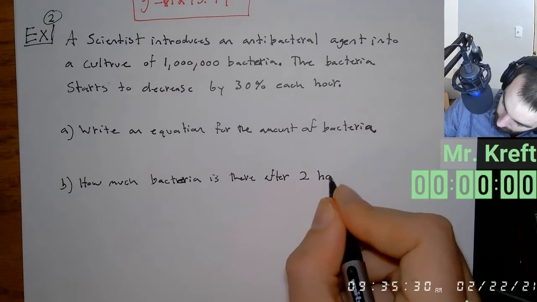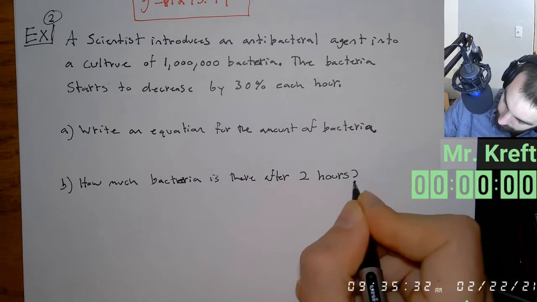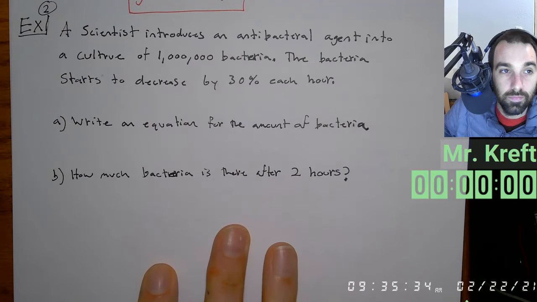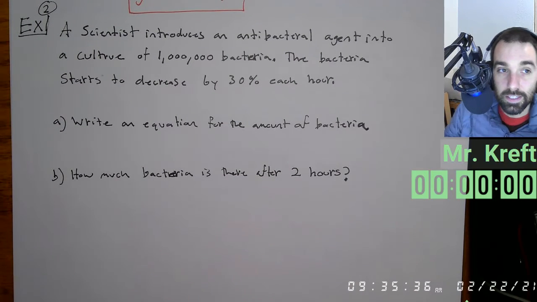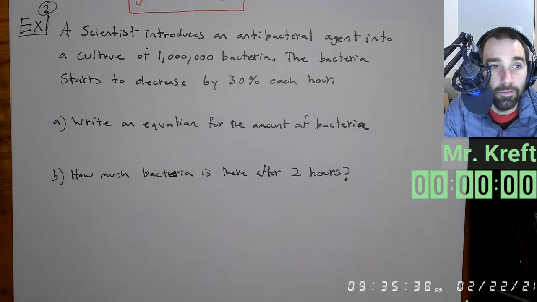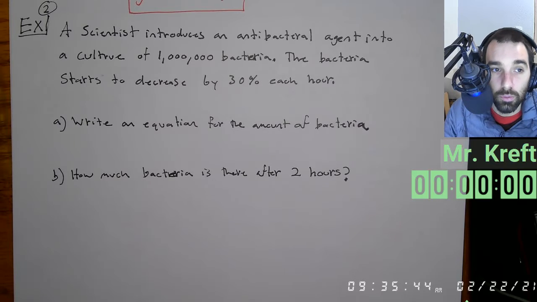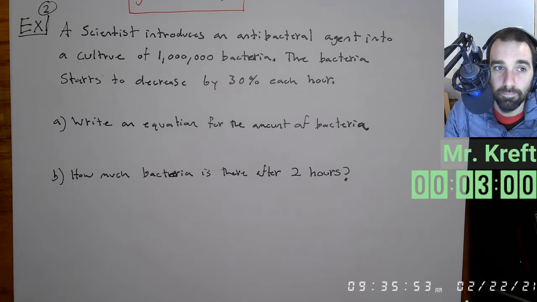After 2 hours. So we're going to give this a try. We have an antibacterial agent reducing the amount of bacteria by 30% each hour. We're going to write an equation, and then we're going to figure out how much we have after 2 hours. Okay, and I'll give you guys 3 minutes for this as well.